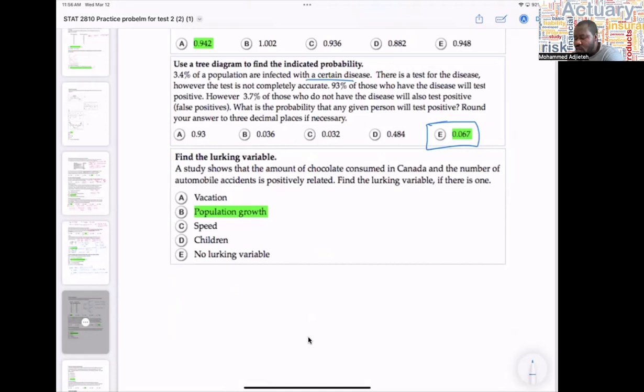Because it's positive, it means that as the amount of chocolate consumed increases, automobile accidents increase, and the lurking variable could be population growth. As the population increases, people consume more chocolate and there are more accidents, but it's not factored in. So that is the lurking variable.